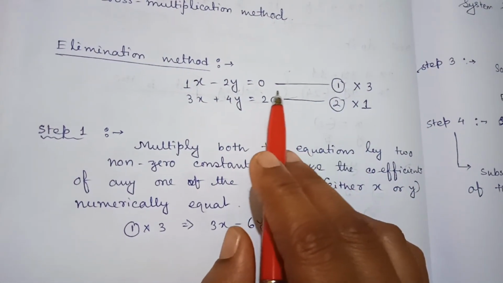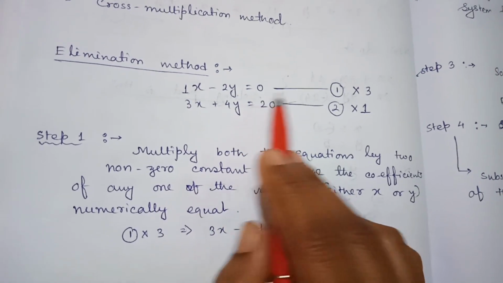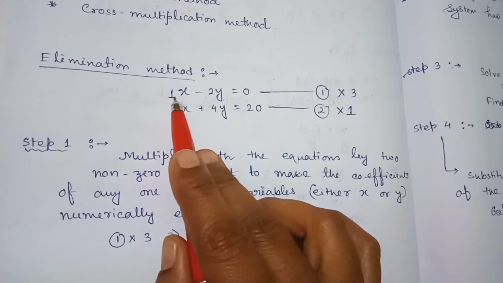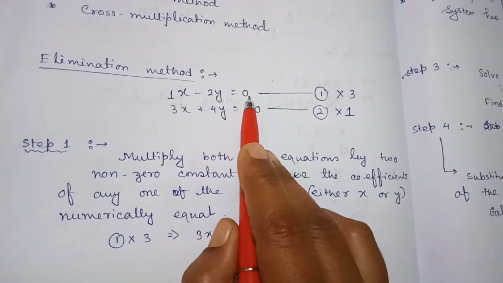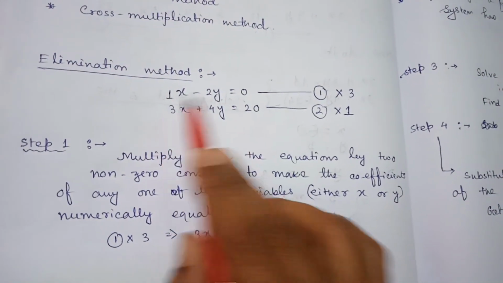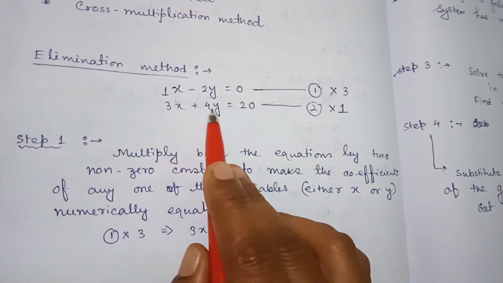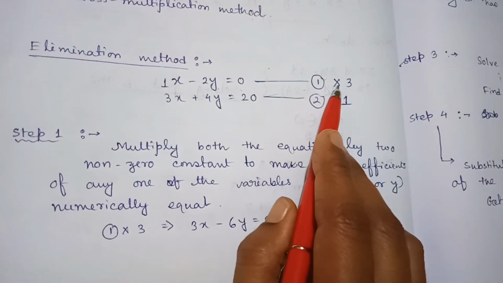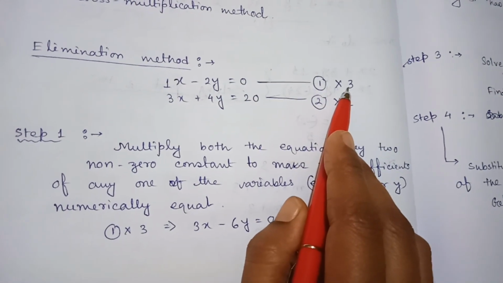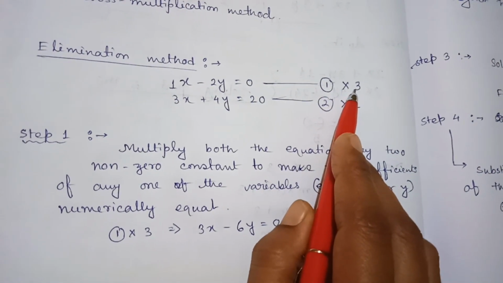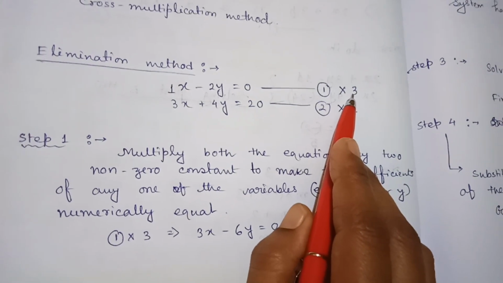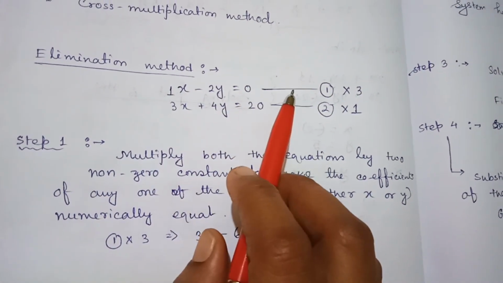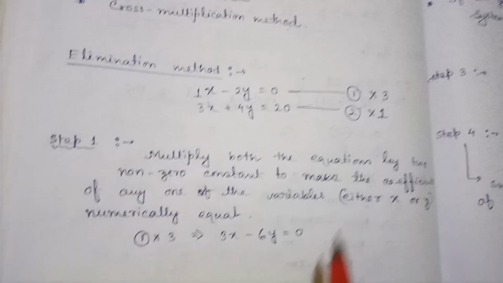Please understand one thing: 3 must be multiplied to all the terms of the equation. All the terms. 1 must be multiplied to all the terms of the equation. When we are multiplying the equation by a constant, that constant will be multiplied to each and every term of the equation.